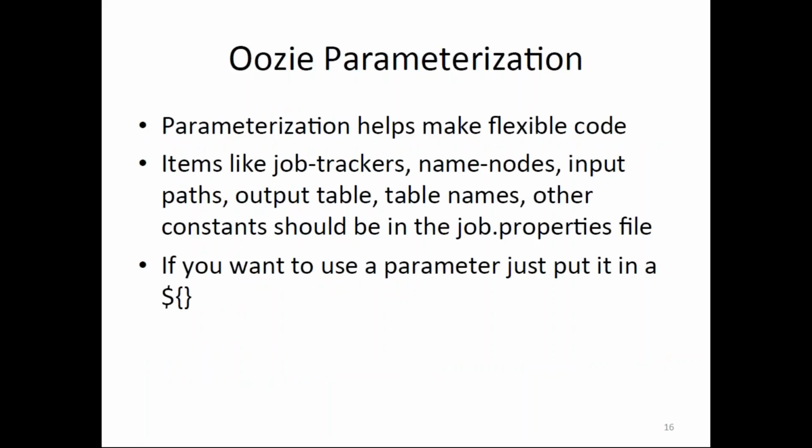Oozie parameterization, we've just touched upon it, telling about job.properties files. As I said, it is kind of a shortcut key to the actual values mentioned in the workflow. All those values, for example, job tracker, name node, input path, output path, table names, and so on, can be used as constants within your file system.